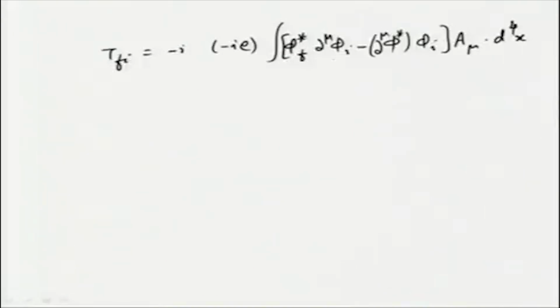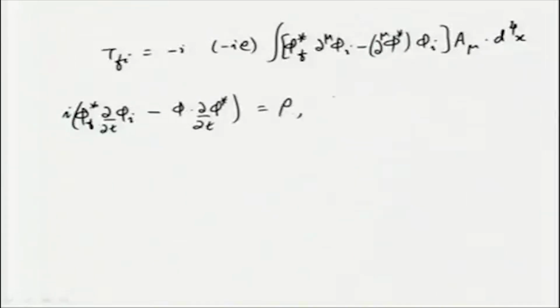Now, what is this term here? We have φ_f* ∂/∂t of φ_i minus φ_i ∂/∂t of φ_f*. Earlier we had denoted this by ρ, the probability density.